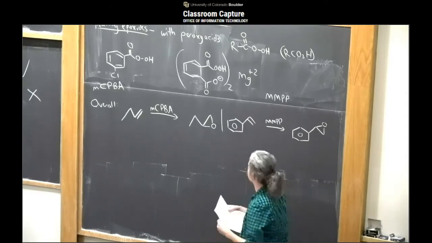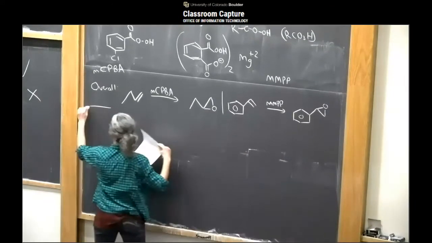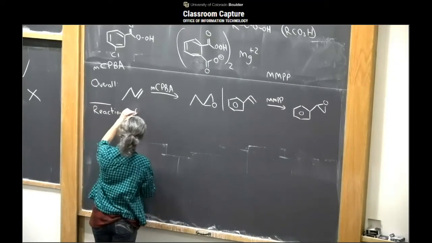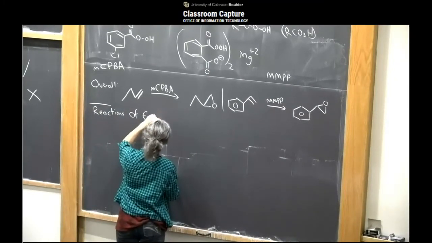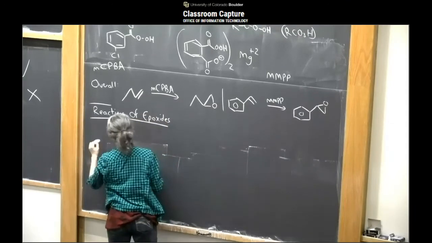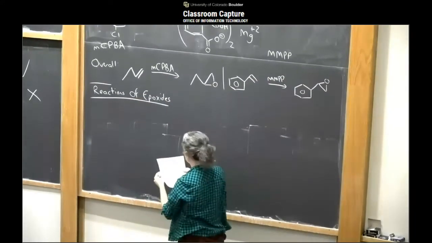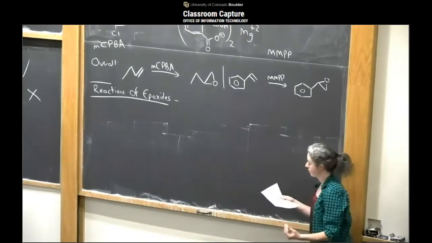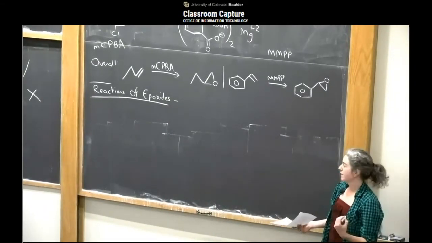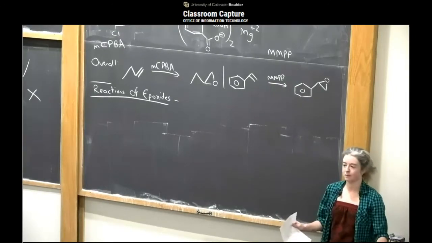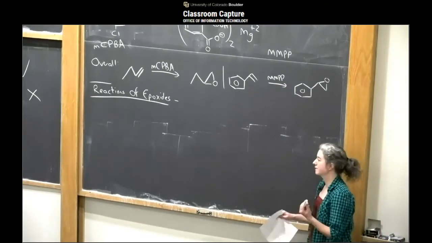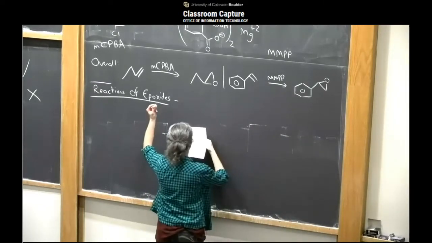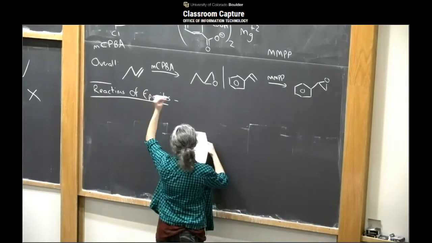So, reactions of epoxides. We're going to split this into 3 different categories, but one of those is actually kind of a subset of one of the other categories, so really it's just 2 different parts and then some complications on one of those.